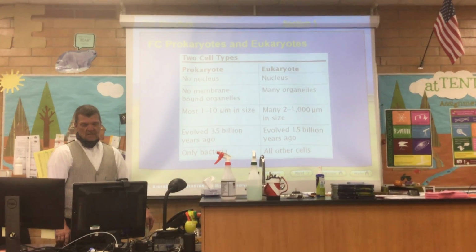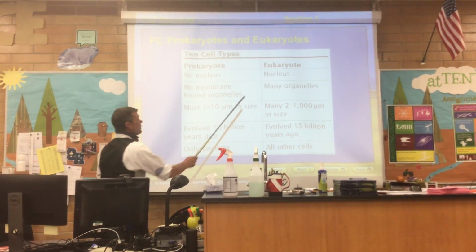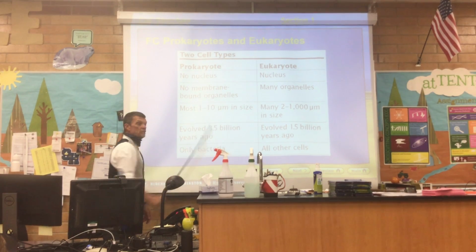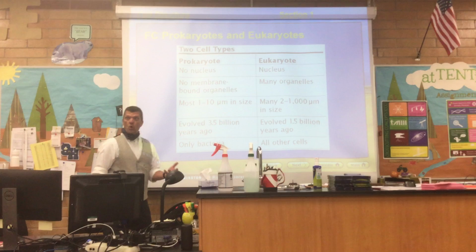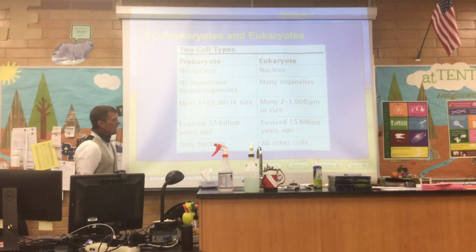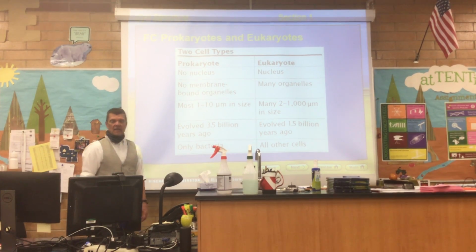So that's the big difference: eukaryotes have a nucleus, prokaryotes don't have a nucleus. The eukaryotes are bigger, so they can have more parts in them, more organelles. Prokaryotes are basically a lot older, they evolved a long time ago.